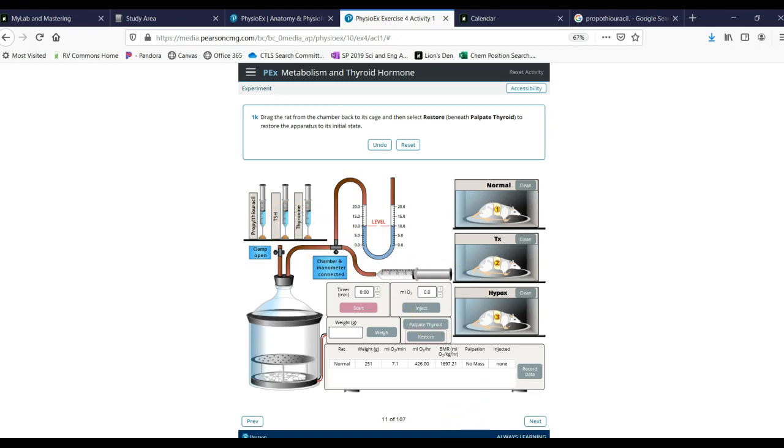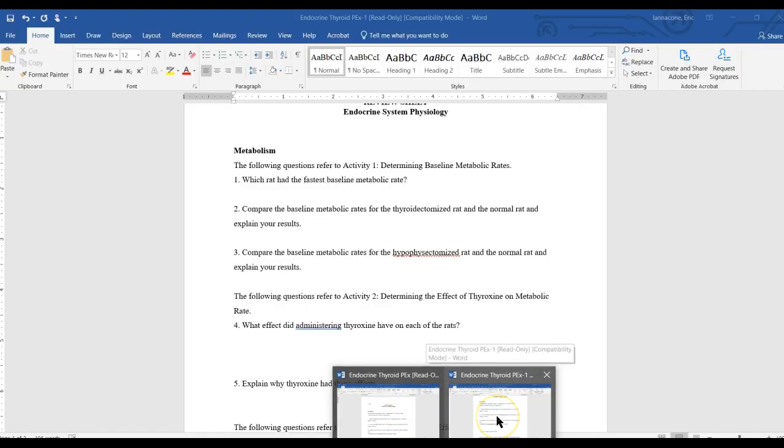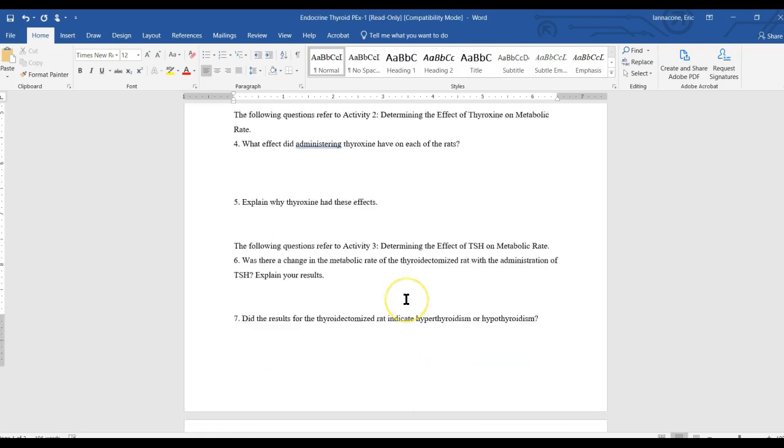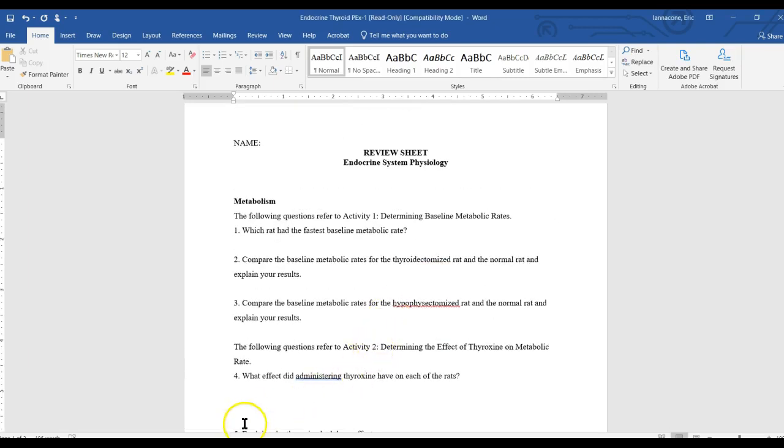That's what you're looking for. And that should be what is here in a nutshell. So that's it. It is a lot of clicking, but you'll get better at it as you go. And if you think about what you're doing as you go, you will learn something, but you really need to start with an understanding of the hypothalamus, the pituitary, and the thyroid.